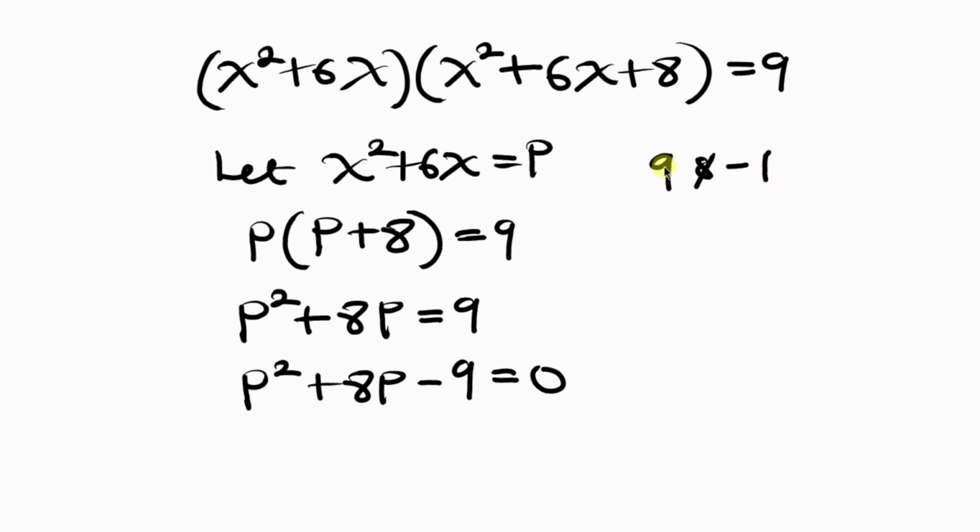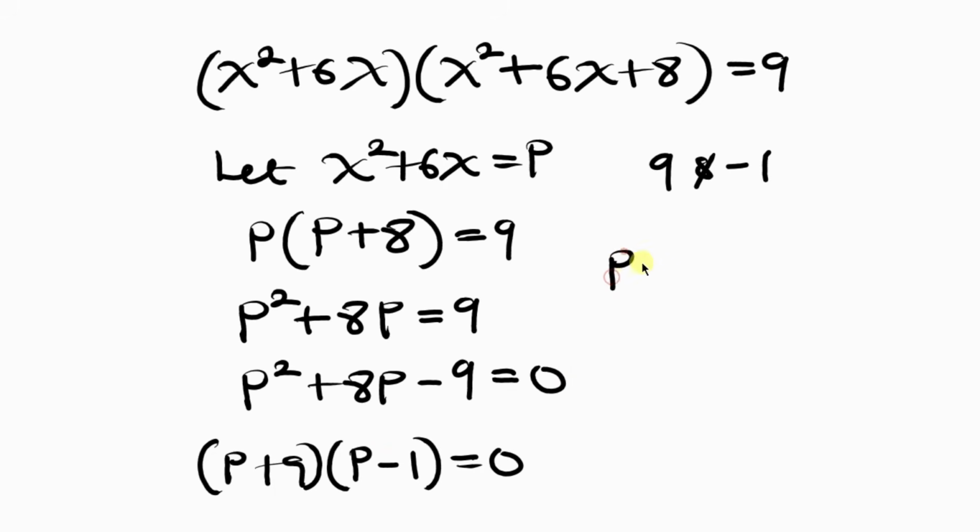Why? Their product gives negative 9. Their sum gives positive 8. That is it. So we have (p plus 9) and then (p minus 1). Very good. So we have been able to factorize this quadratic equation. So we have two cases from here.